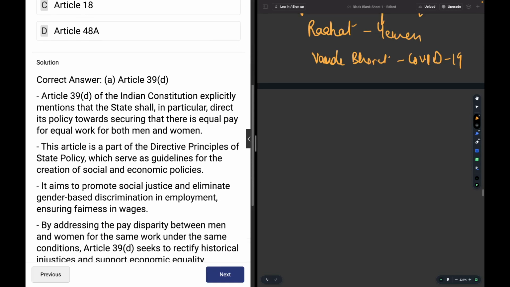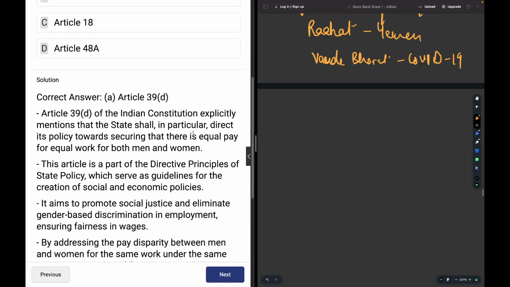The DPSP is Article 39D, which explicitly mentions that the state shall, in particular, direct its policy towards securing equal pay for equal work for both men and women. So it is Article 39D, which talks about DPSPs: equal pay for equal work.